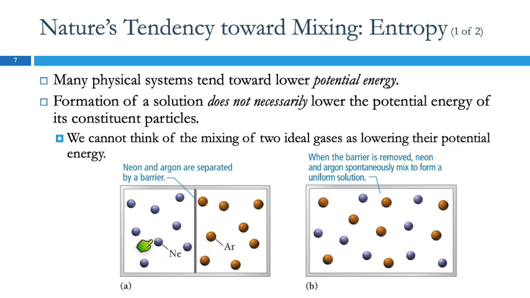Because gases are going to go in a straight line until they run into something, and so fairly rapidly they are going to mix together. Does that cause their potential energy to be lower? No, it doesn't. So lowering of energy is not the reason why nature likes to mix things. There's got to be something else that's causing that to happen.